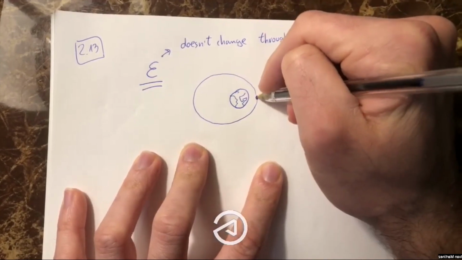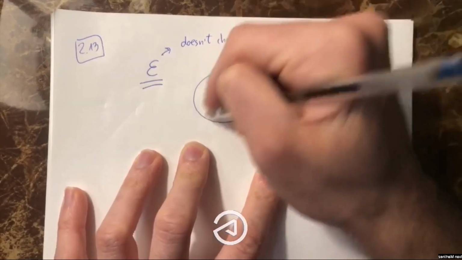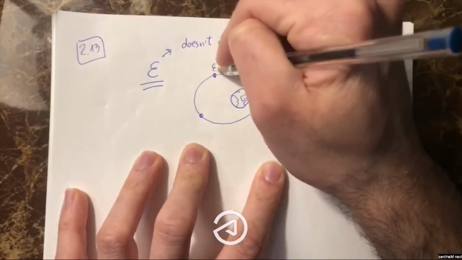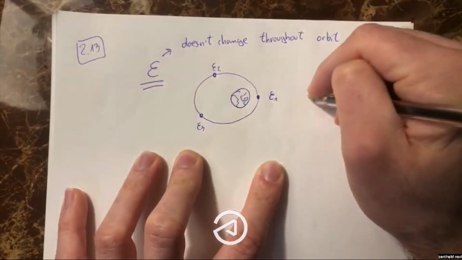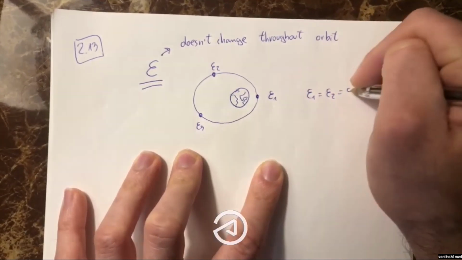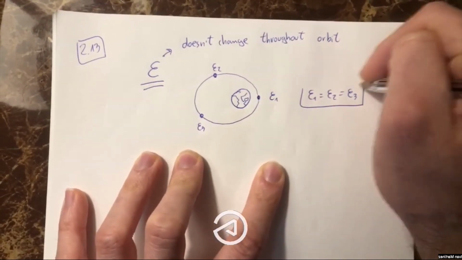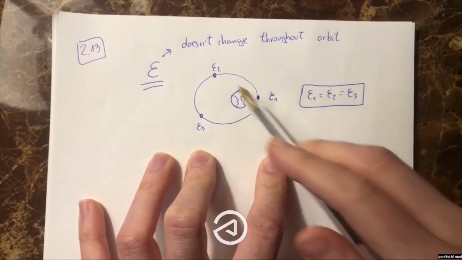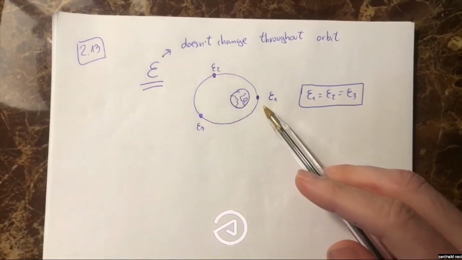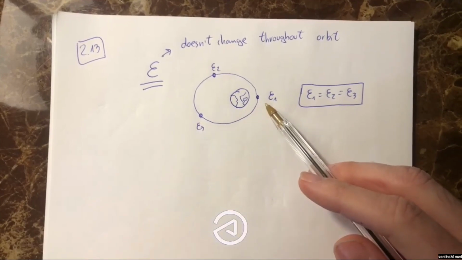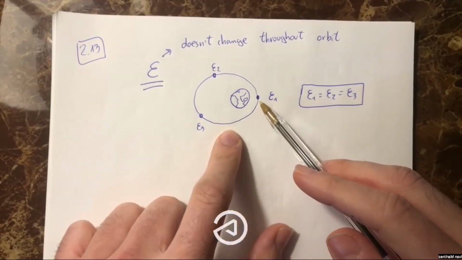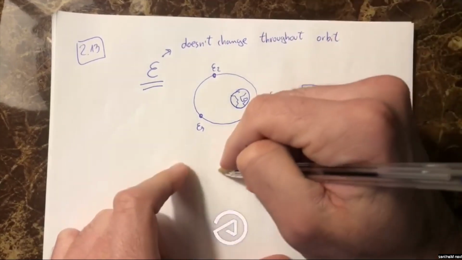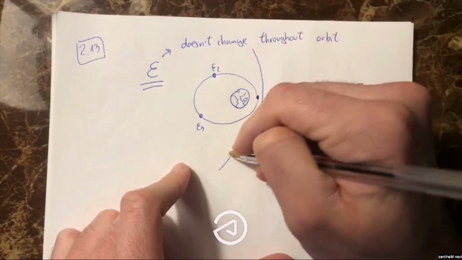It doesn't matter if you're here or there or here. Energy is the same. So this is very valuable because at any point in the orbit, the energy does not change as long as there's no thrust. If there's thrust, then you're putting in energy. As long as there's no thrust, the energy is the same. It also applies if you have a parabolic orbit.